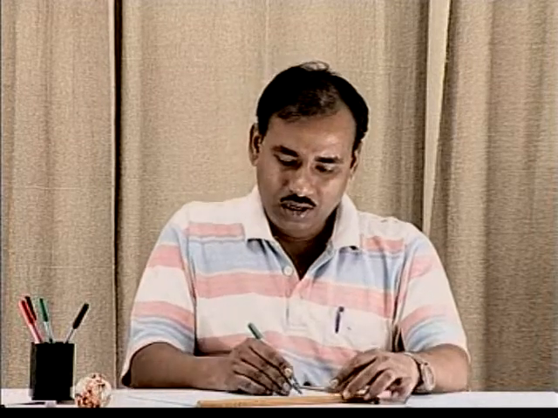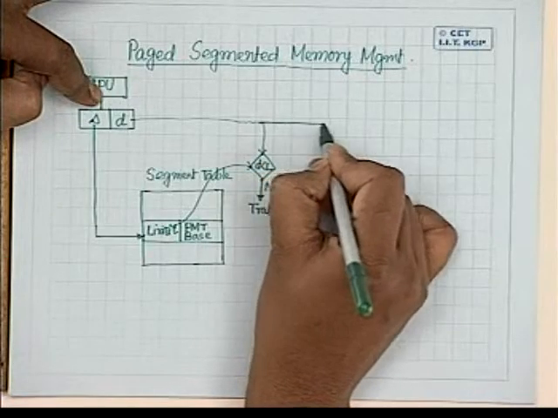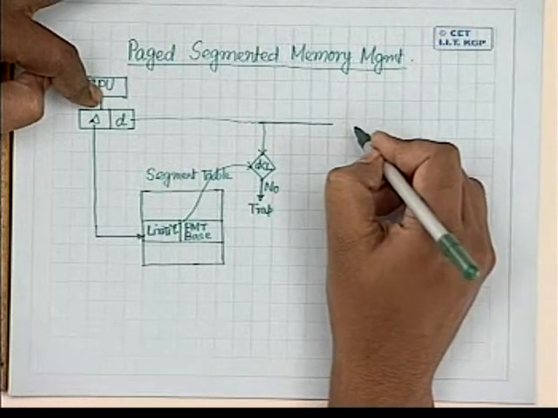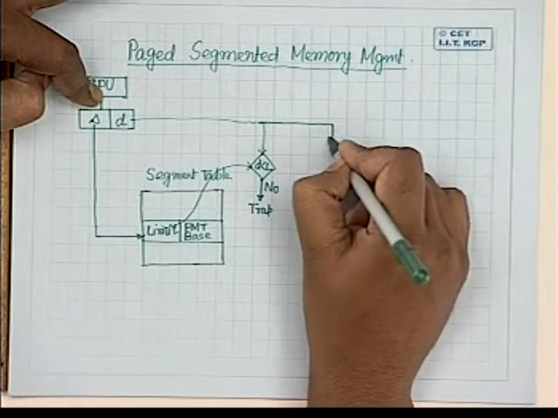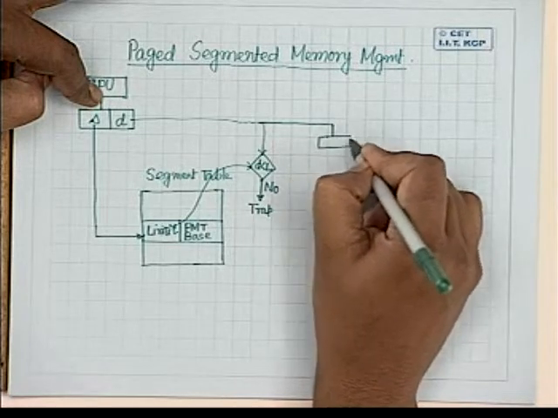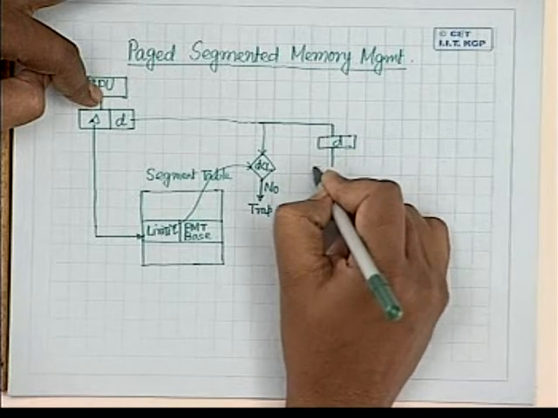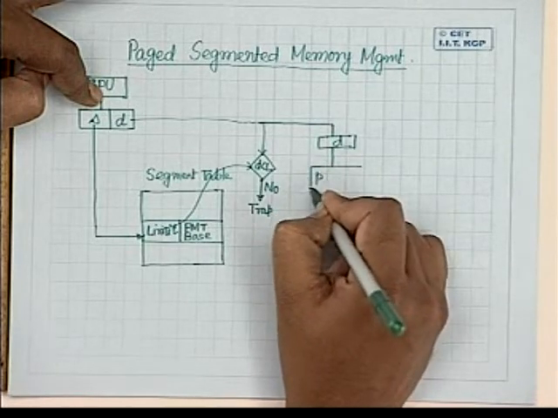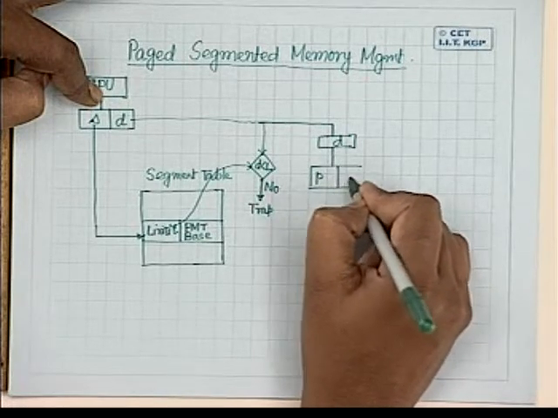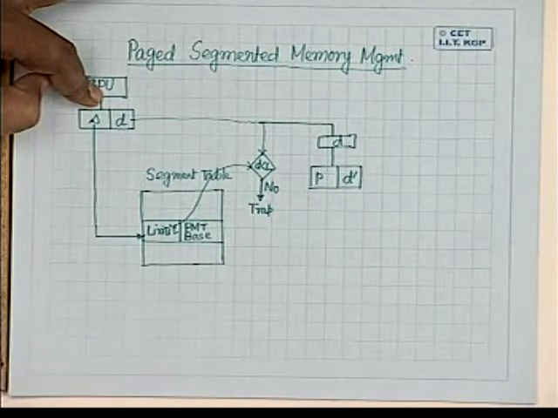So if this condition is satisfied, D has to be broken into two components. One is the page number of the segment. So D is broken into two components: the page number within the segment and the offset within the corresponding page. Let me call it D prime.